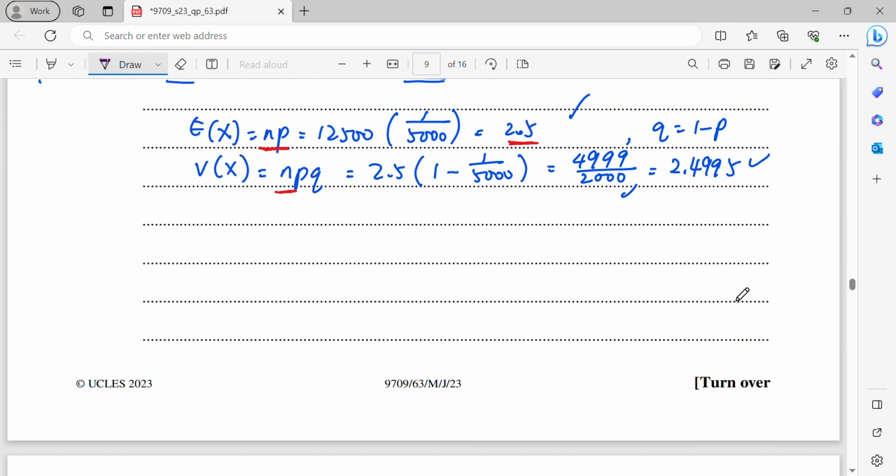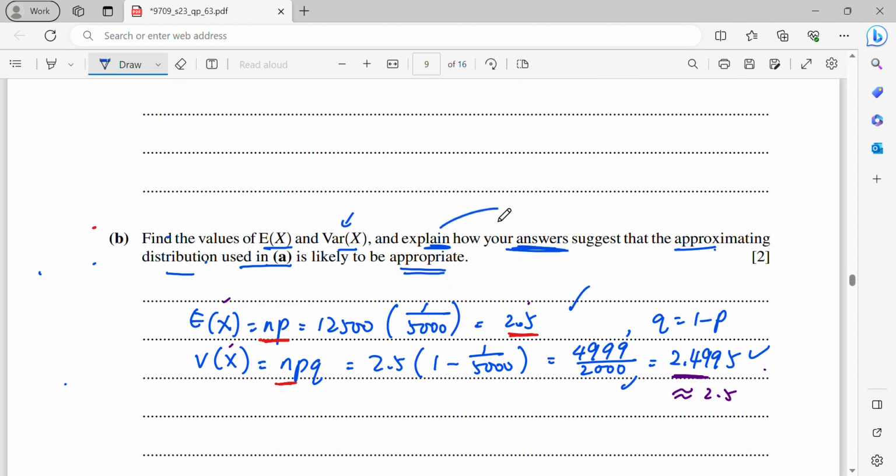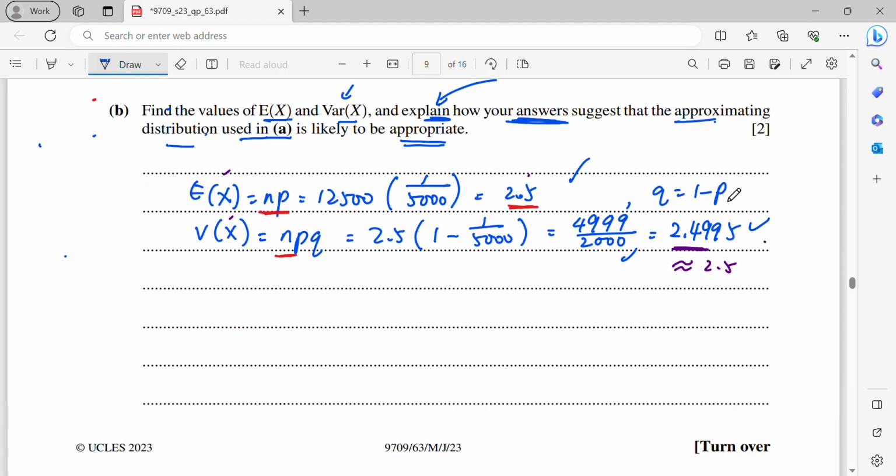So obviously, when I consider my E(X) and Var(X) for the binomial distribution, the mean is 2.5, and the variance when you round to 3 significant figures is basically almost 2.5 as well. So that's the reason why my answer suggests that approximating distribution: the E(X) and Var(X) are almost equal.